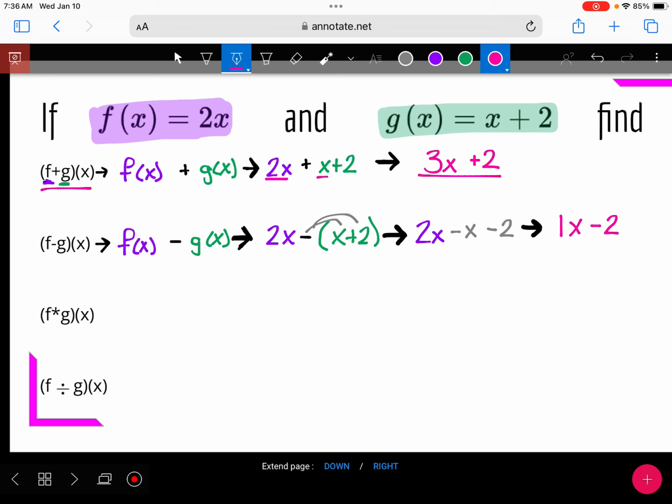Questions on the adding or subtracting part? Okie dokie. Same process for the multiplication.